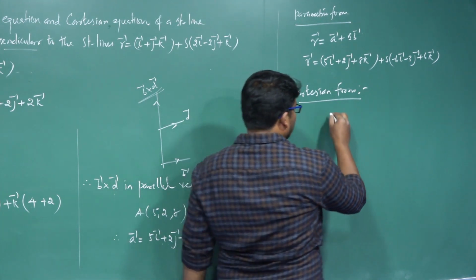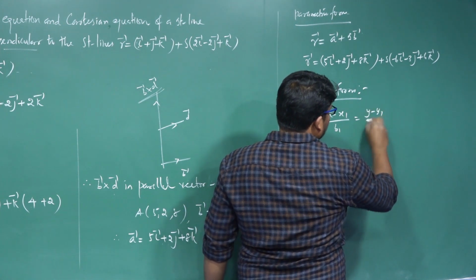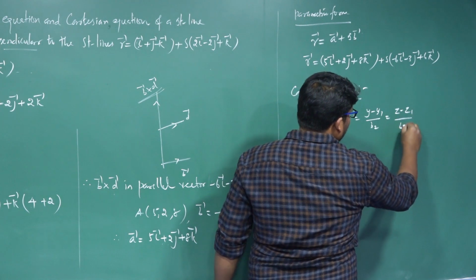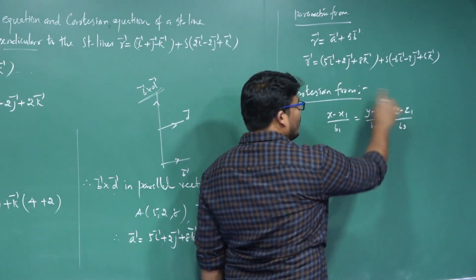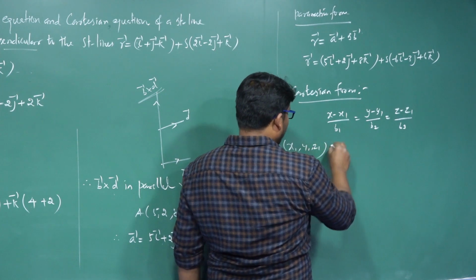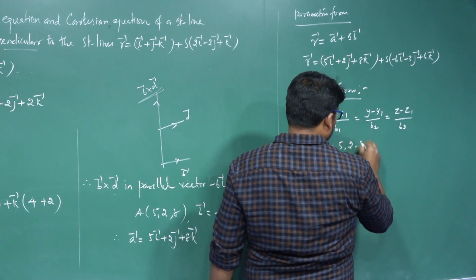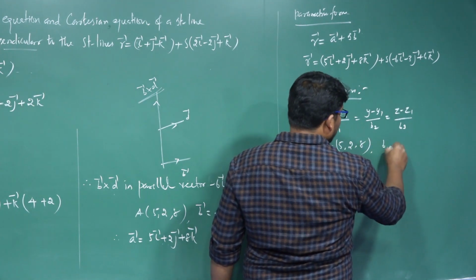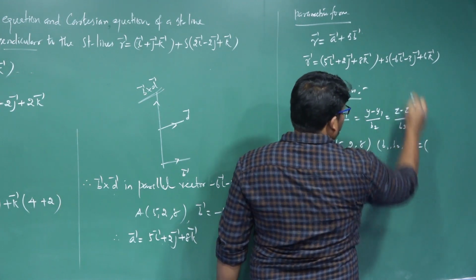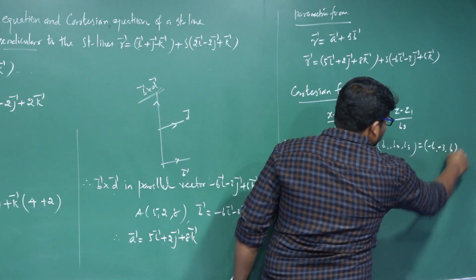Here x1, y1, z1 is the given point 5, 2, 8, and b1, b2, b3 is minus 6, minus 3, 6.